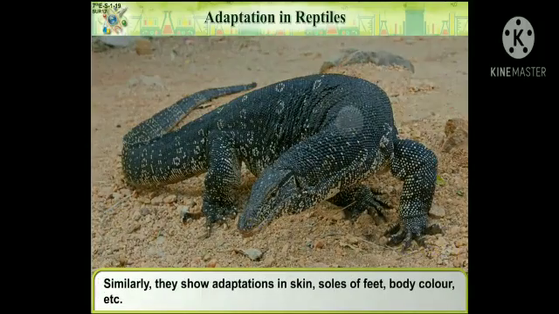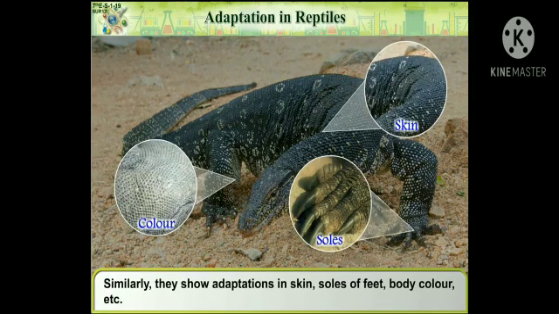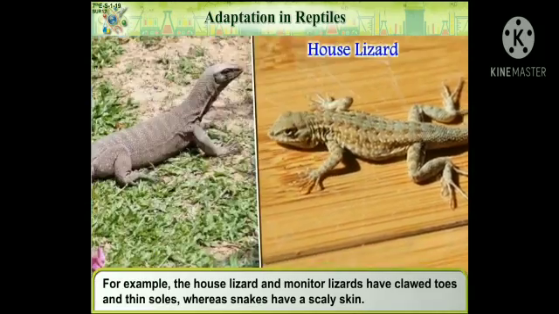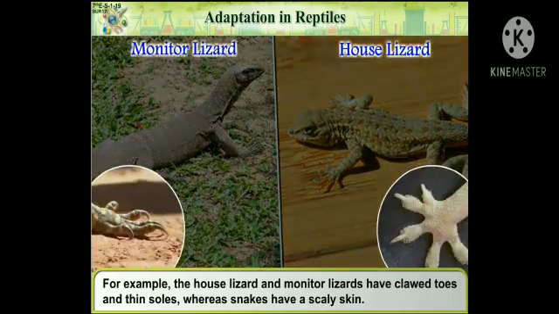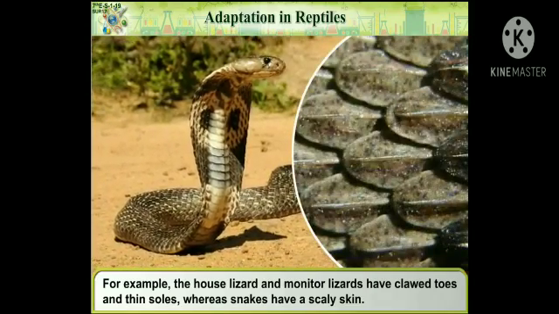Similarly, they show adaptation in skin, soles of feet, body color, etc. For example, the house lizard and monitor lizards have clawed toes and thin soles, whereas snakes have a scaly skin.